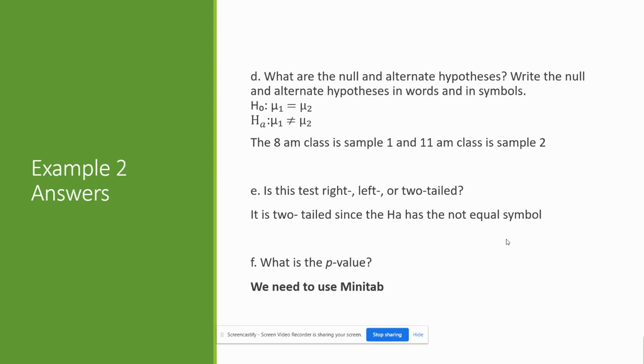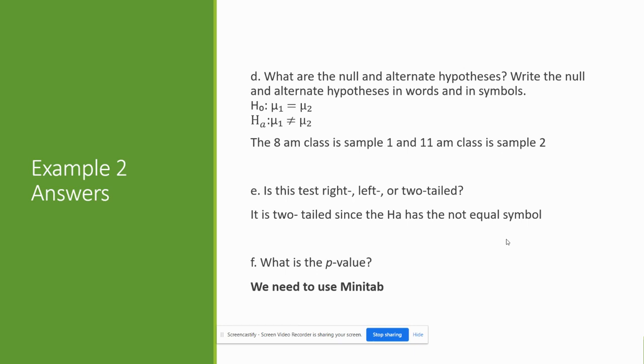So what are the null and the alternative hypotheses? All right. If you go back, it said, is there a difference? It didn't say, did 8 a.m. do less than? Did it do greater than? It didn't. It just wanted to know if it was different. So again, I'm going to do 8 a.m. as sample 1, and 11 a.m. is going to be sample 2.